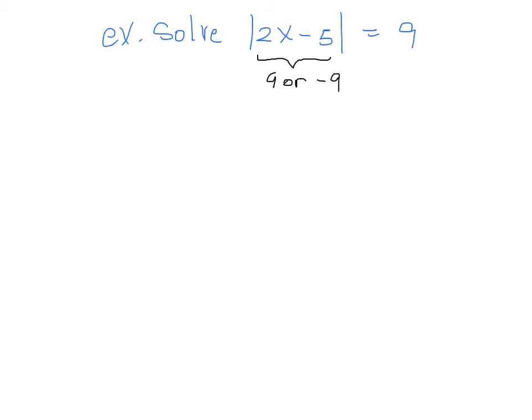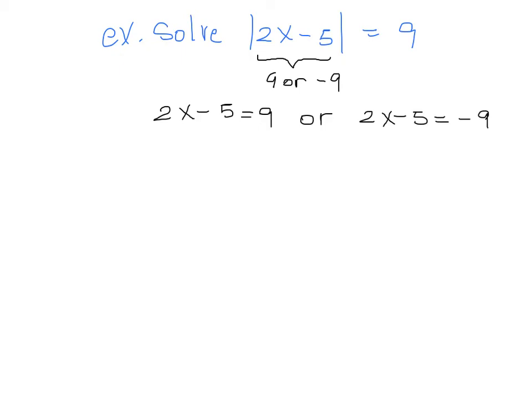Which means that our absolute value equation is in fact 2 equations, not one. Twice the fun. So that equation turns into 2x minus 5 is equal to 9, or 2x minus 5 is equal to negative 9.